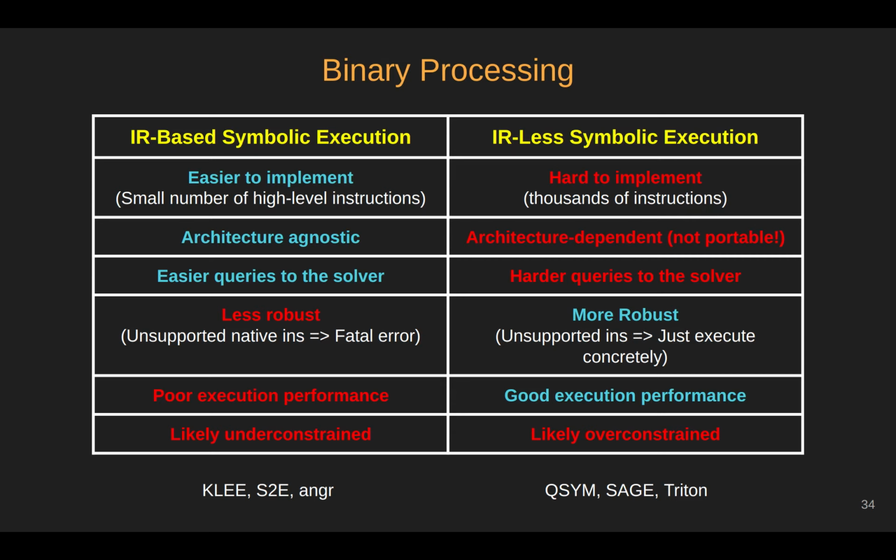So the thing with an IR-based approach, yeah, you have a small number of instructions, right? But if you say that my smart decompiler can make the code shorter, because it knows that all of these instructions together make up a simple function, then you have to tell your symbolic executor or your solver engine what the side effects of this simple function are. So you would have way too many simple functions.